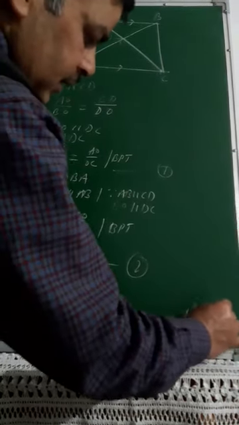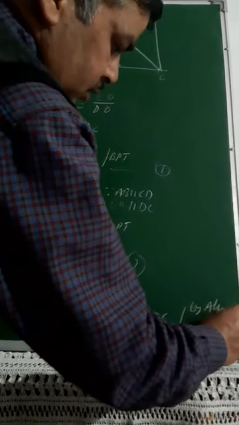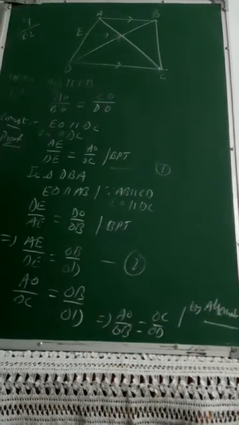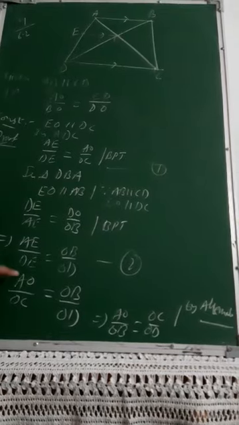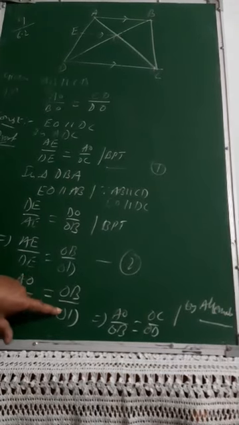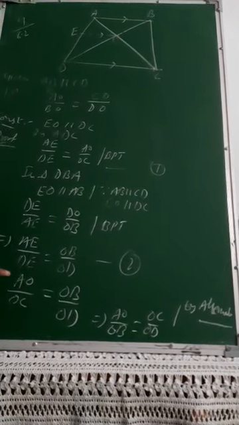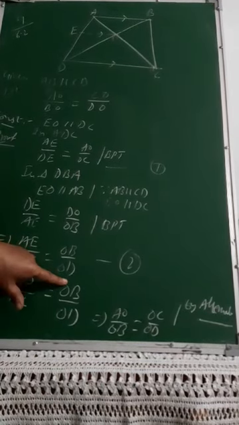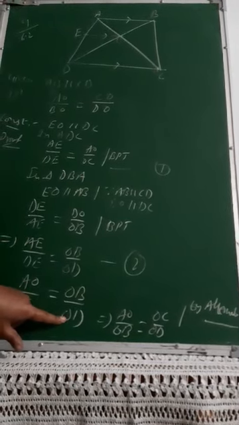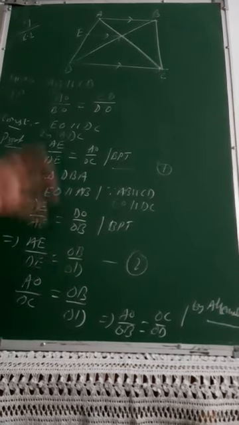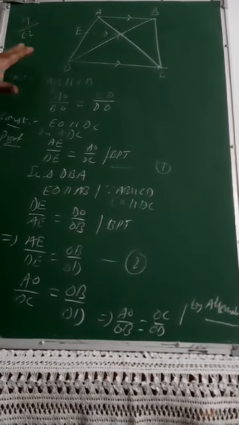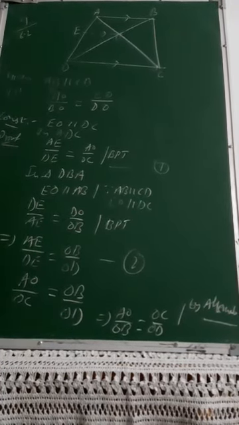This is by alternando. Again, I will make it very clear to you. If this upon this is equal to this upon this, then this upon this will always be equal to this upon this. You can try it with any of the ratios. So this is the solution for your question number 9.